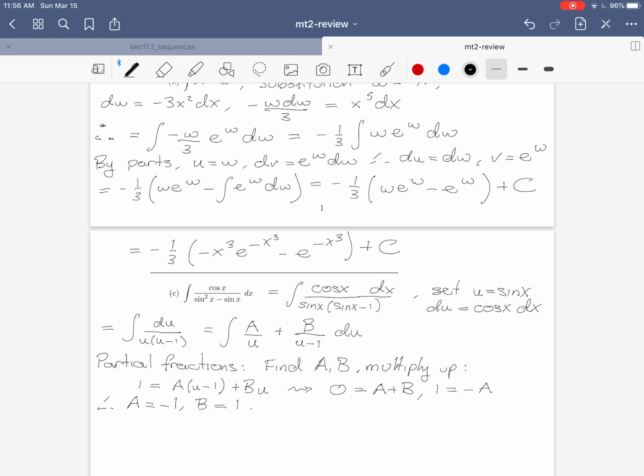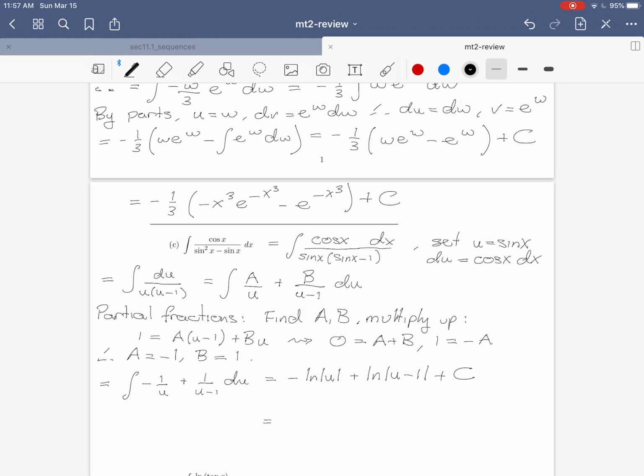So now we go back to our integral, and we have the integral of negative 1 over u plus 1 over u minus 1 du. We know how to integrate both these terms. The first term is ln of absolute value of u. The second term is ln of absolute value of u minus 1 plus an arbitrary constant.